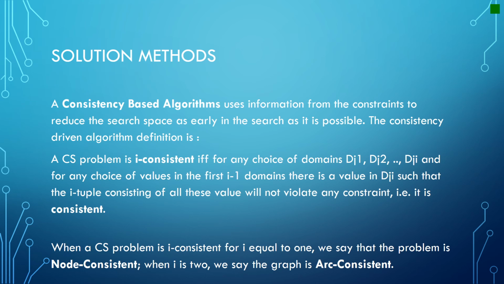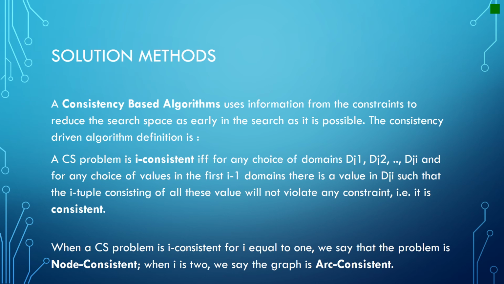Consistency-based algorithms use information from the constraints to reduce the search space as early in the search as possible. A constraint satisfaction problem is i-consistent if for any choice of domains dj1, dj2, all the way to dji, and for any choice of values in the first i-1 domains, there is a value in dji, such that the i-tuple consisting of all of these values will not violate any constraint, i.e., it is consistent.